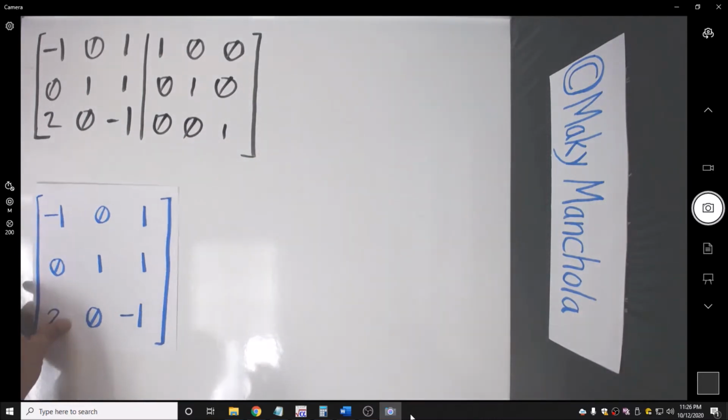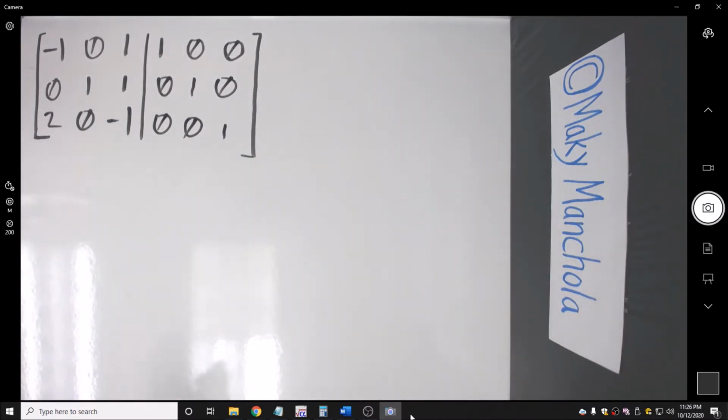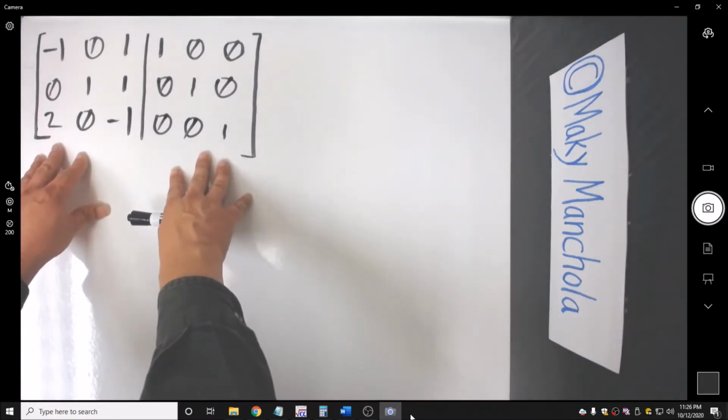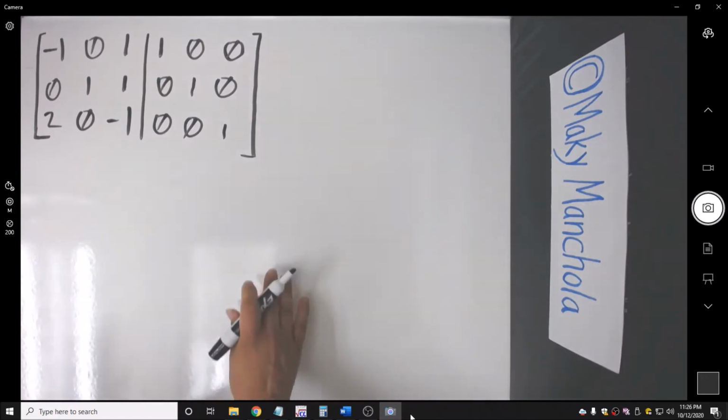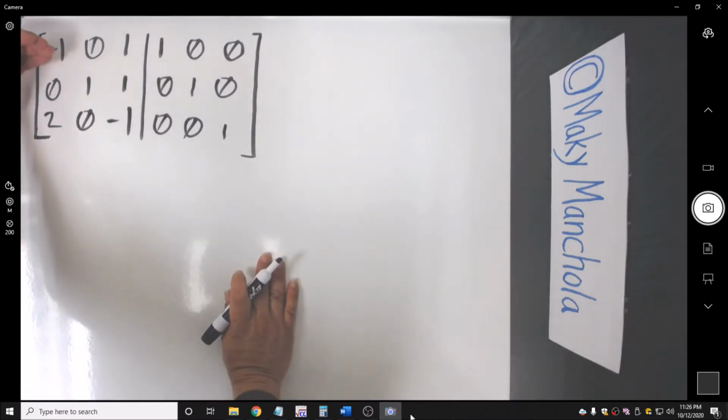Okay, so here's the procedure that we need to go through. We need to reduce this matrix into reduced row echelon form via elementary row operations. Now, we start as follows. Go to your first row.